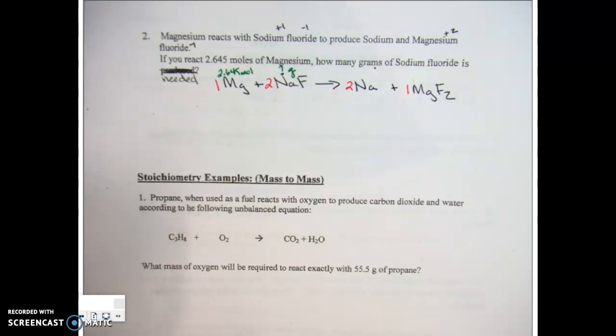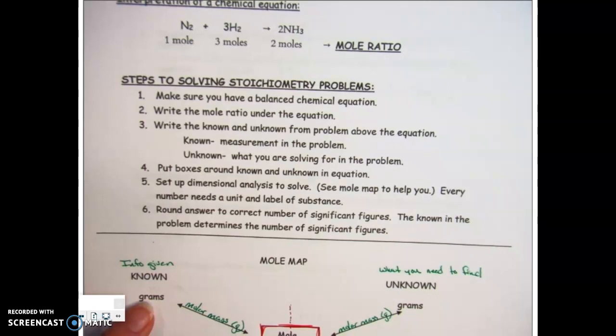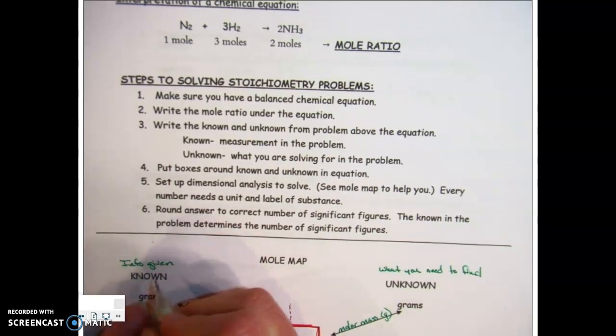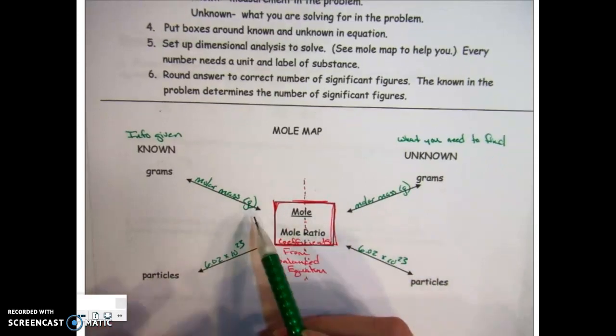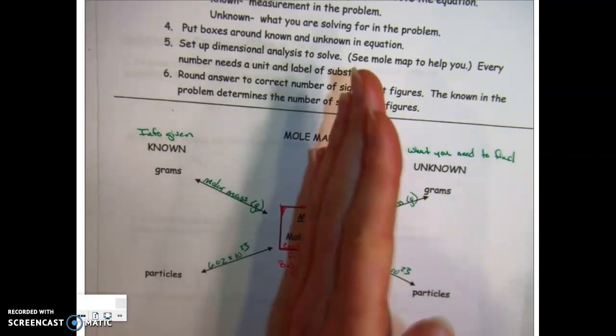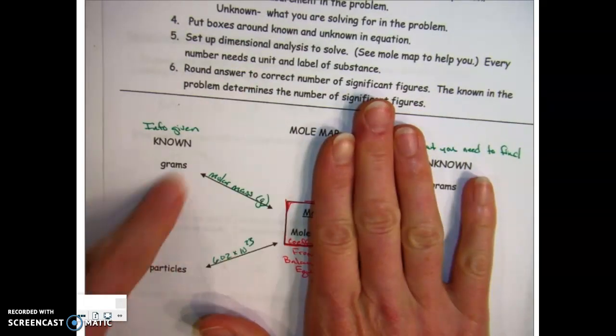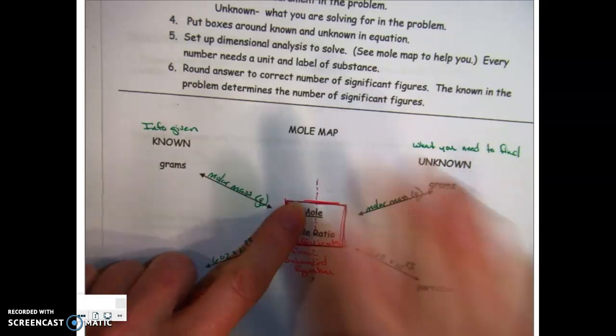Just to show you on your mole map, you have 2.645 moles of, okay, so you're going to start with your moles of magnesium. So my known information goes on the left side of my map here. I'm already here in moles.